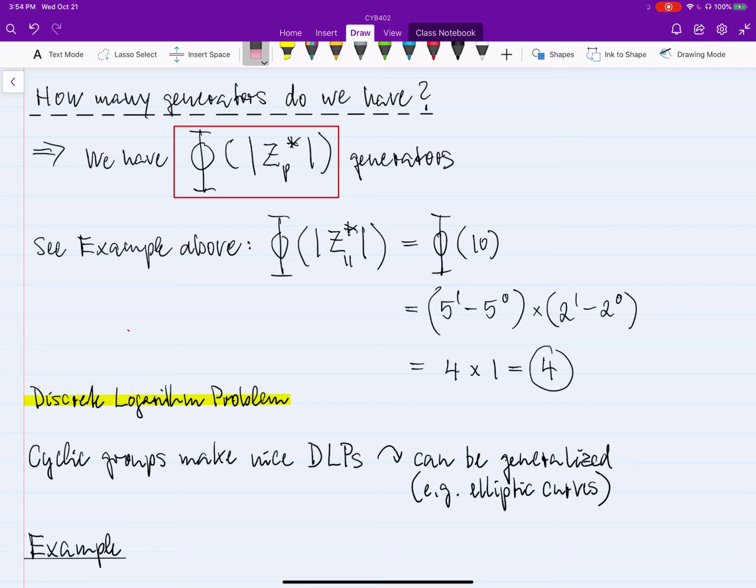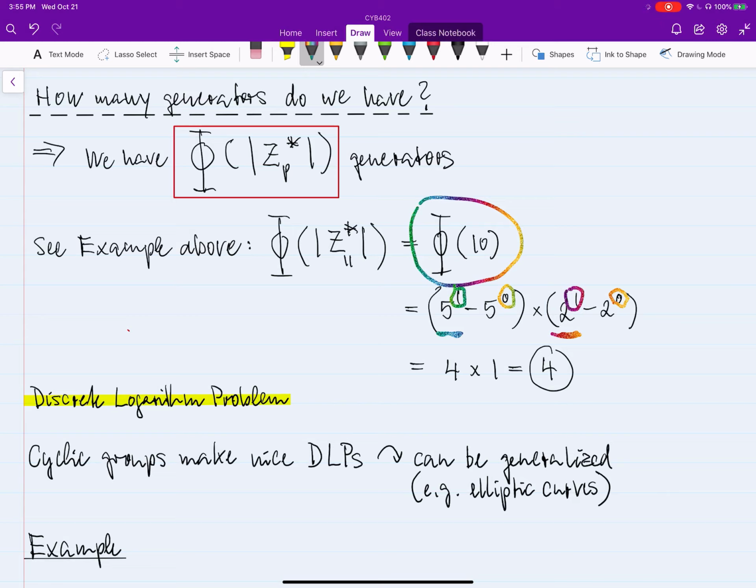For our group Z11 star, it has an order of 10. So the phi function of 10 needs the prime factorization, remember, and we have only 2 prime factors. We have the 5 itself, we have the 2 itself, with no other exponents, so it's always 1 here. And then this one is 1 smaller.